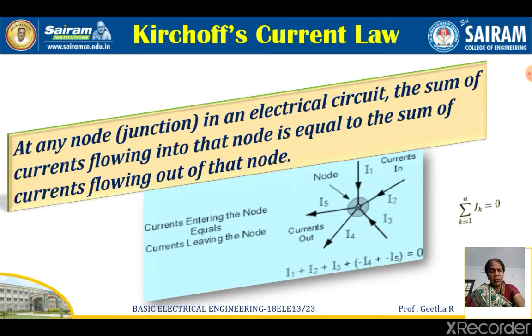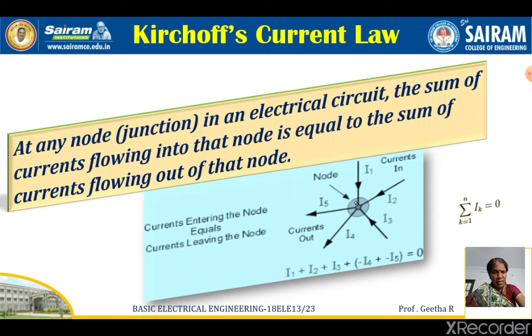When there are more branches, accordingly in each branch the current flow will be there. The current may be entering into the junction, or leaving away from the junction. So as per Kirchhoff's current law, the sum of the currents entering the node is equal to the currents leaving the node.